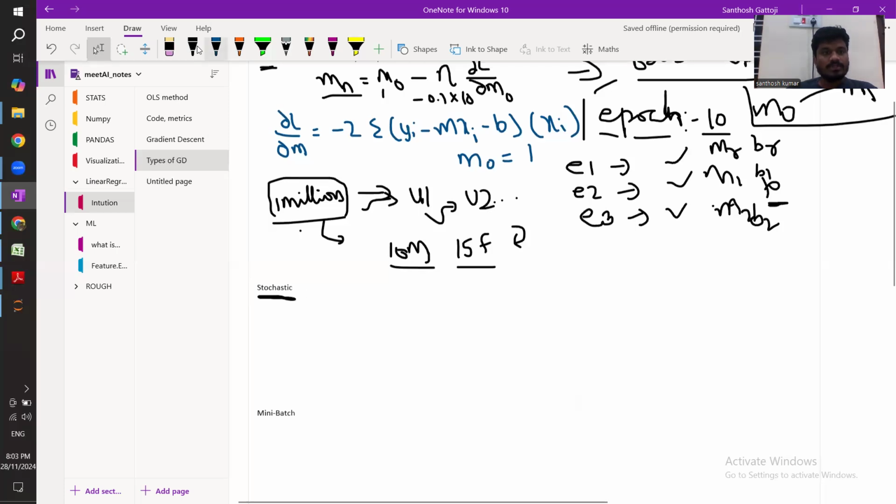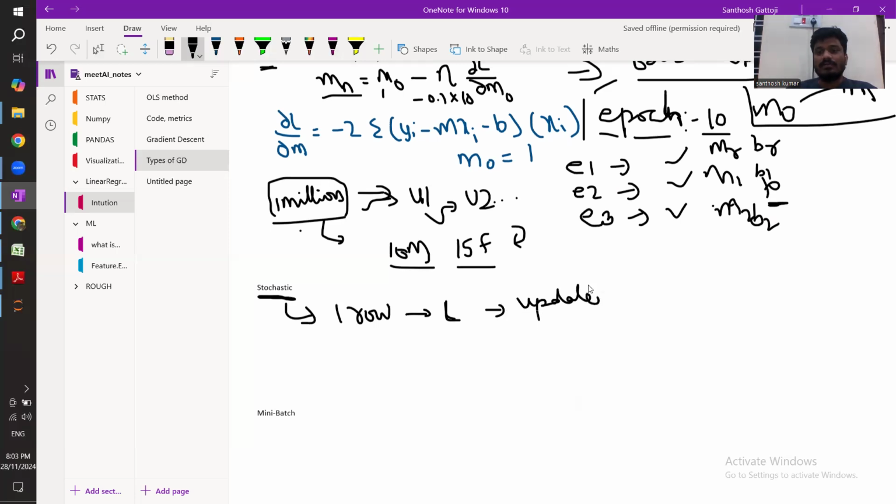Anyway, coming back. In stochastic, what we do is very simple. We take randomly one row only. The meaning of stochastic is random, randomness. So here randomly we take one row, and with only that one row we calculate the loss, and then we update.